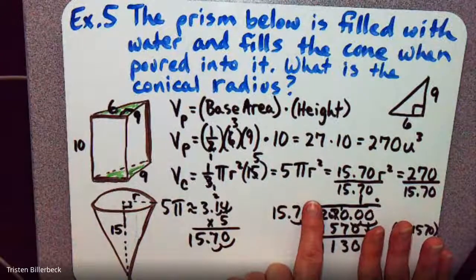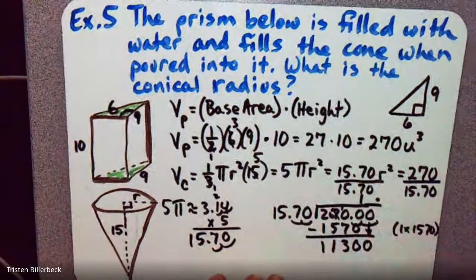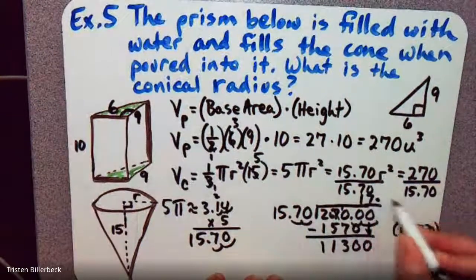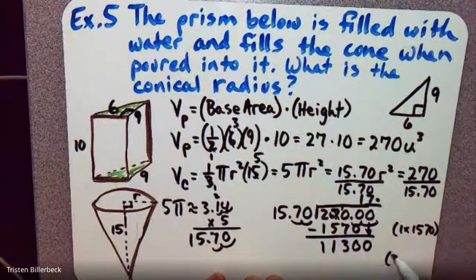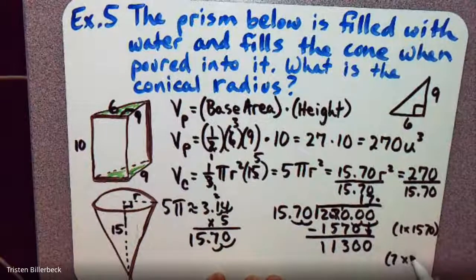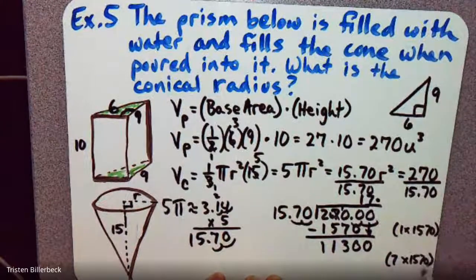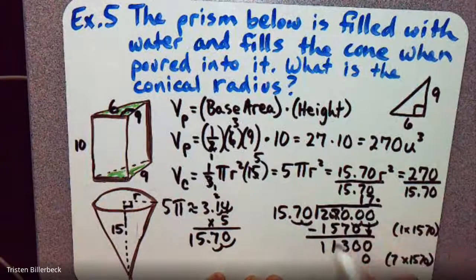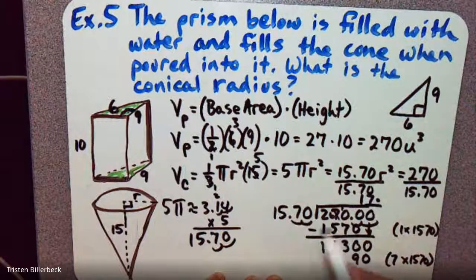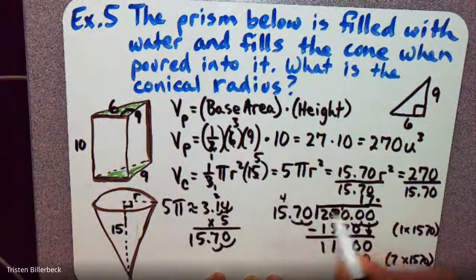Well, we know how many 200s are in 1200. There's about 6. So maybe we could go 7. So let's try 7. So our guess is 7 times 1570. So 7 times 0 is 0. 7 times 7 is 49.